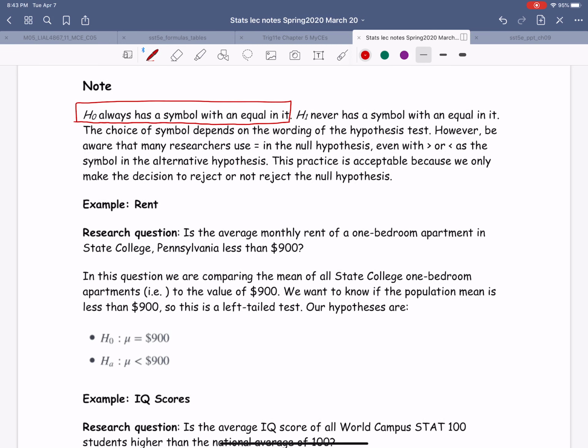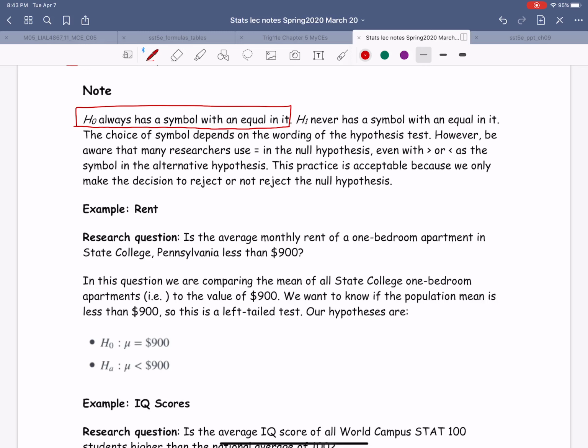Okay, here's an example. Research question: Is the average monthly rent of a one-bedroom apartment in State College, Pennsylvania, less than $900? Now, if you look at this, less than $900 does not have equality in it. So this would be our alternative hypothesis because there's no equal sign in here.